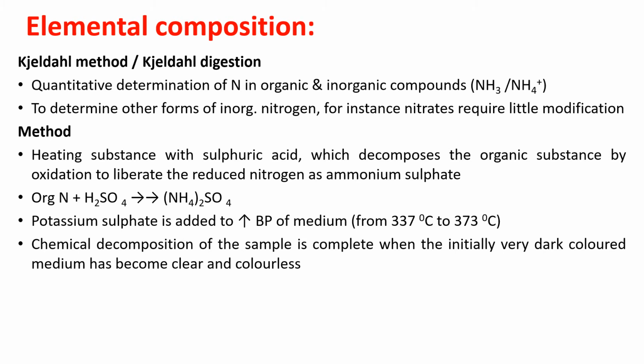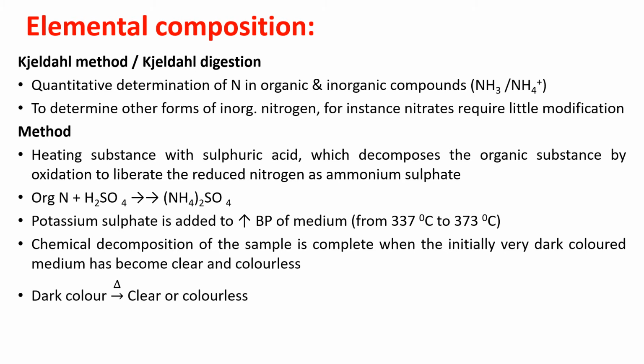Initially, before heating, the sample appears bluish or darker in color, and as the combustion completes, after complete decomposition the sample is found to be colorless or slightly yellow in color.